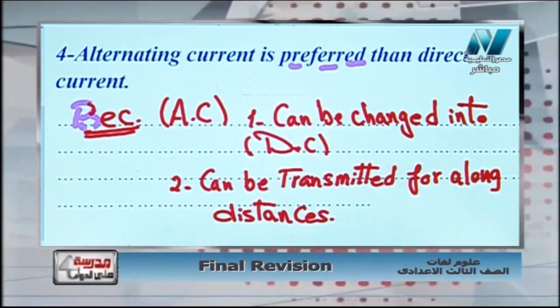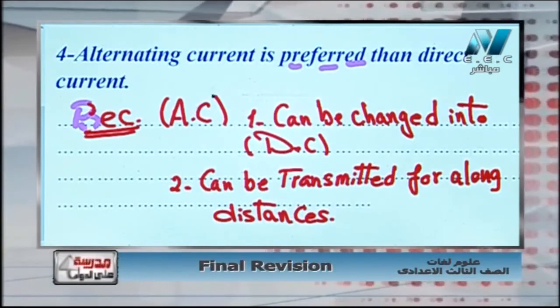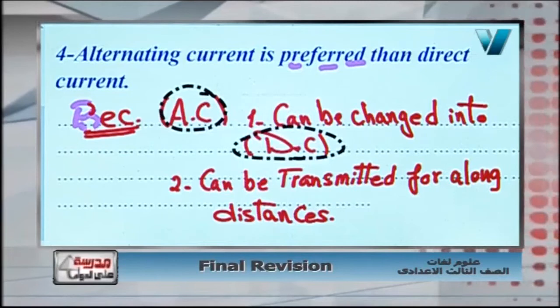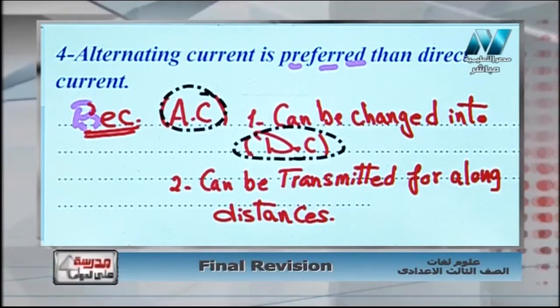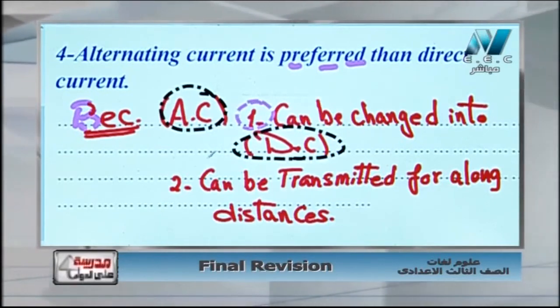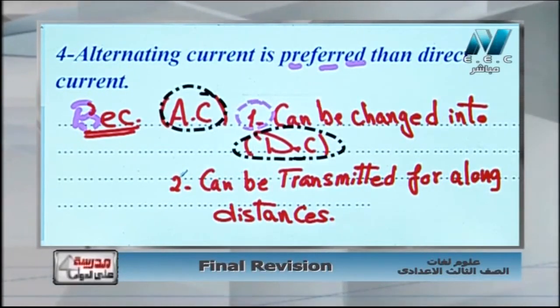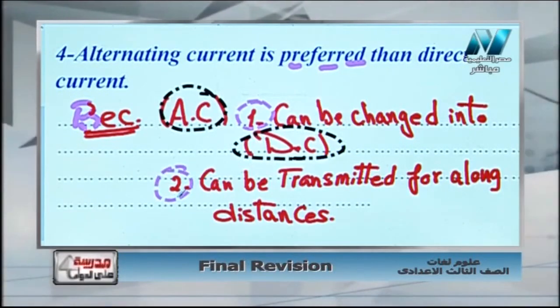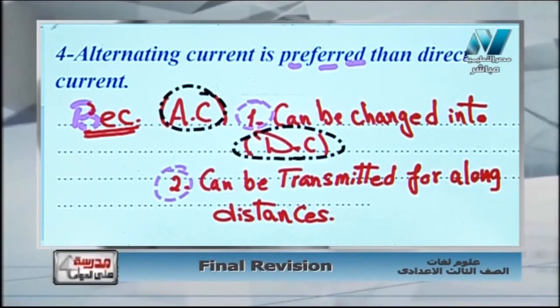So here we know now why we prefer to use alternating current over direct current. We have two main reasons. Number one, it can be changed into direct current, and this is a big advantage. And number two, it can be transmitted for long distances.